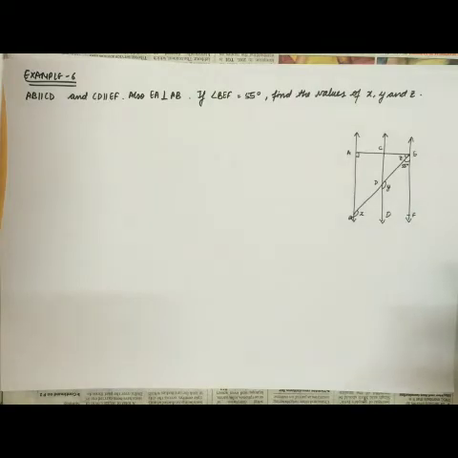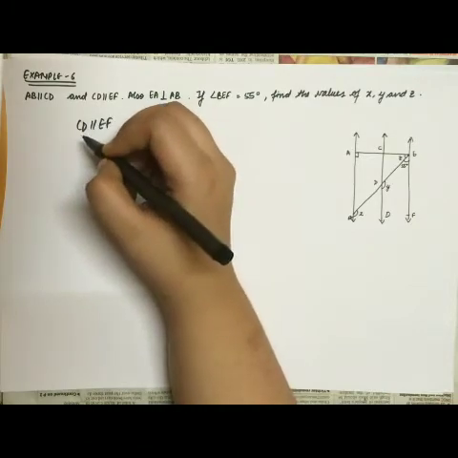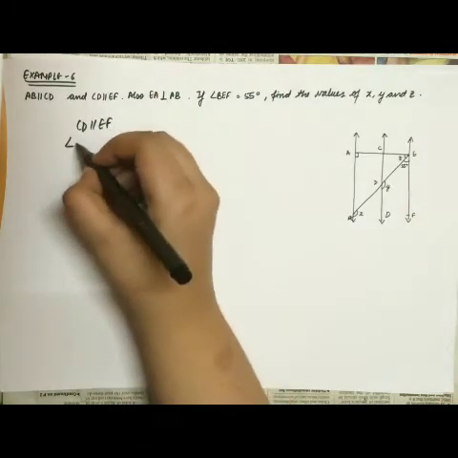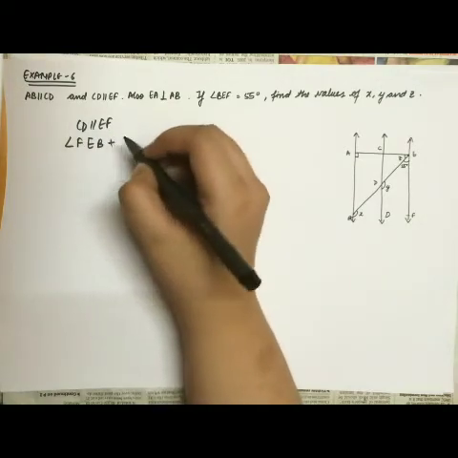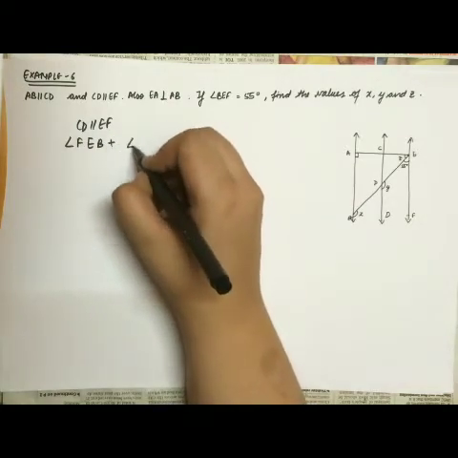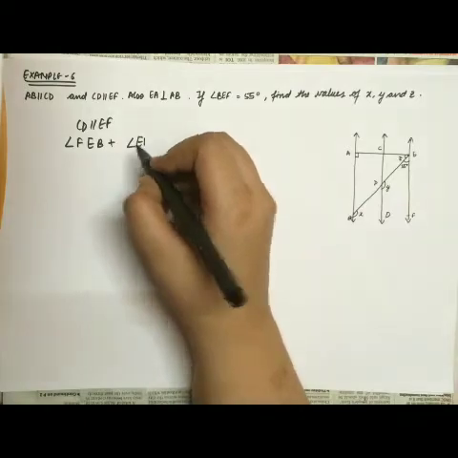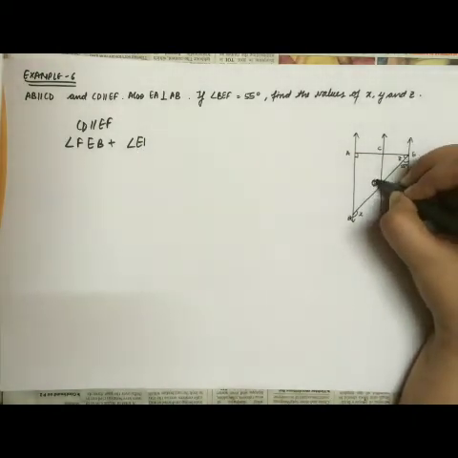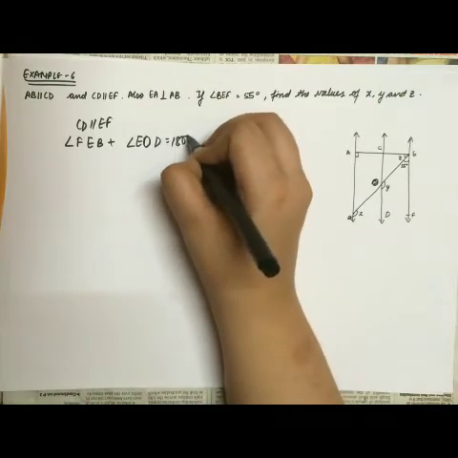So we will start this. We can say CD is parallel to EF. Therefore, angle FEB plus angle EOD will be 180 degree.